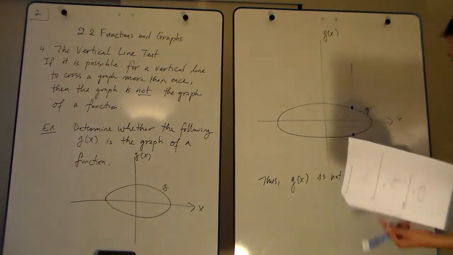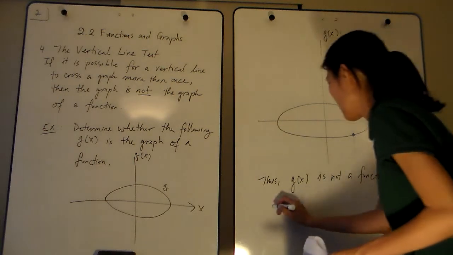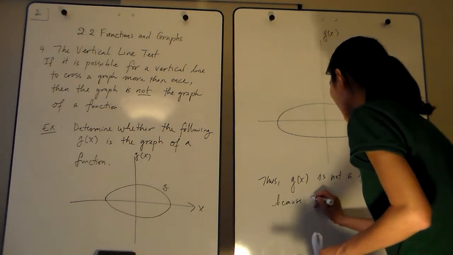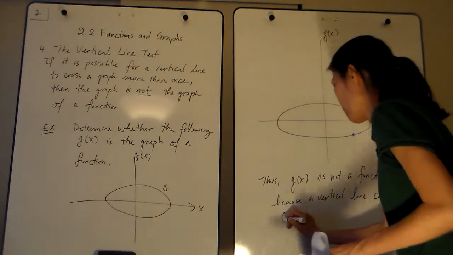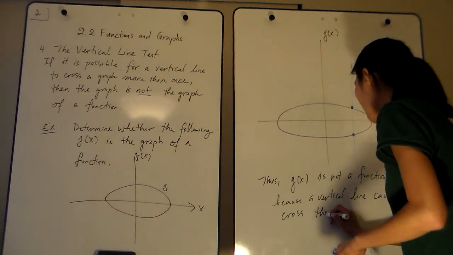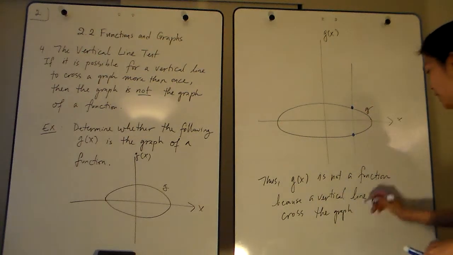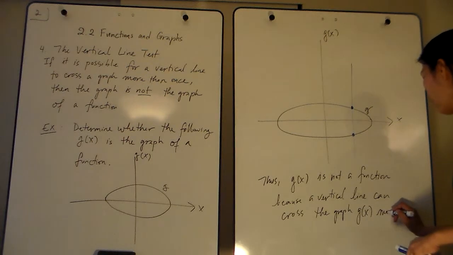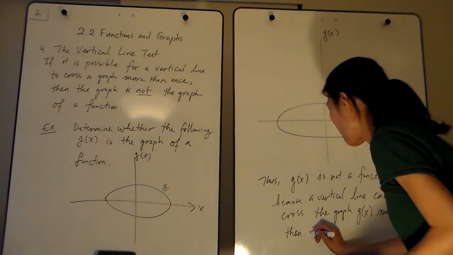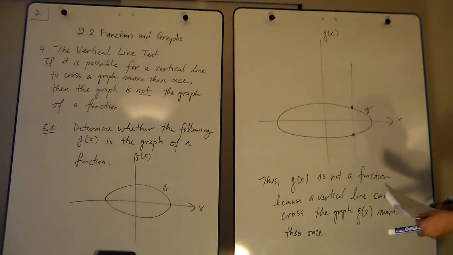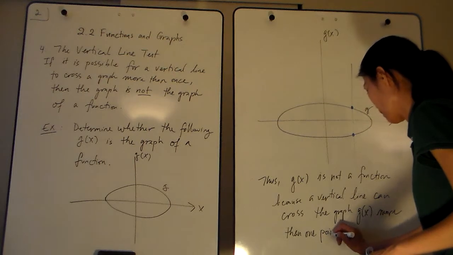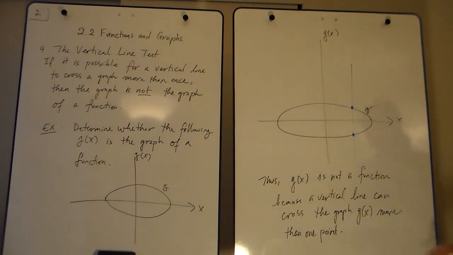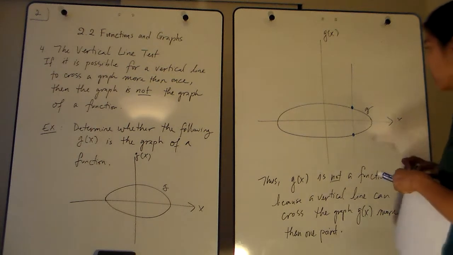Alright, so because a vertical line can cross the graph g more than one point. Okay? It's not a function because a vertical line can cross the graph g of x at more than 1 point.